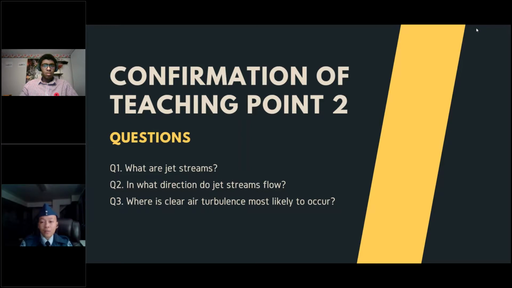Exactly. Sergeant Bukata, you got the answer right on, as well as Flight Sergeant Yao. Clear air turbulence is most likely to occur just above the central core of the jet stream. Yeah, awesome.